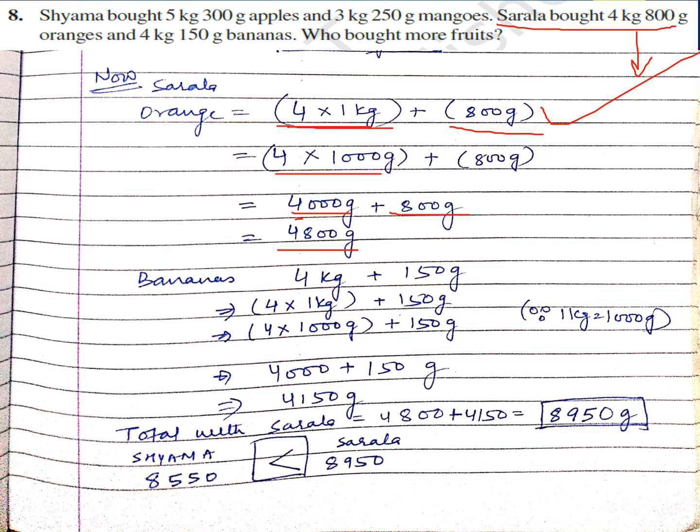Now for bananas, how much banana is she buying? 4 kg 150 grams. So again I can write 4 kg plus 150 grams. This 4 kg can be written as 4 into 1 kg, and that can be written as 4 into 1000. It becomes 4000 plus 150 grams, that is 4150 grams.